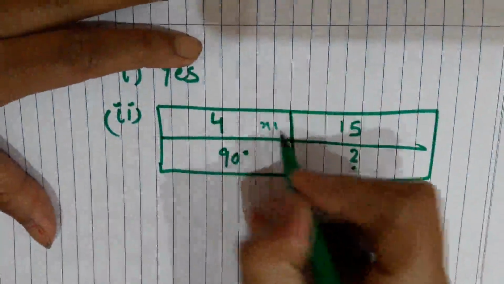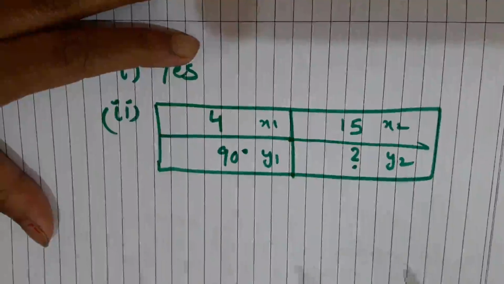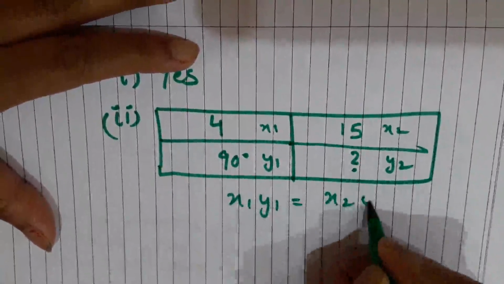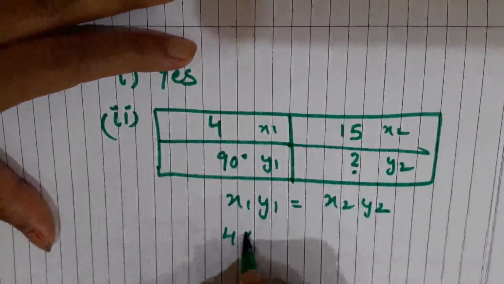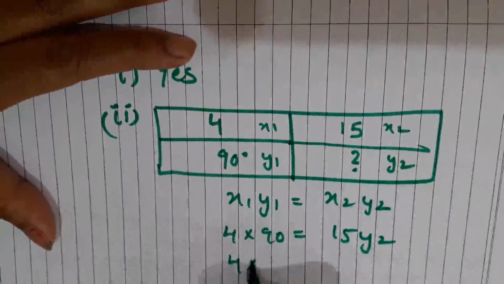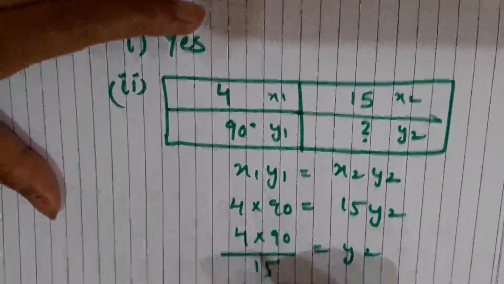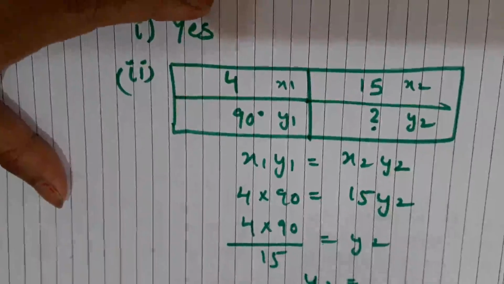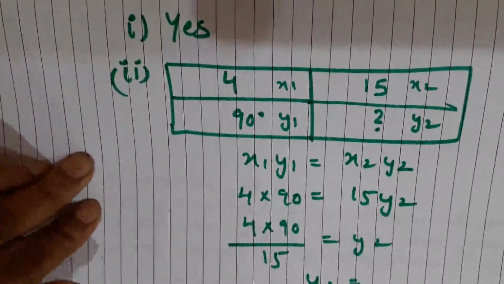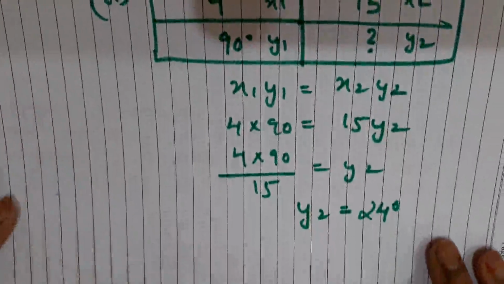So let it be x1 y1 and x2 y2. So this is a question of inverse proportion. Make the equation, find out the answer. y2 will be 24 degrees. So this answer you will get.